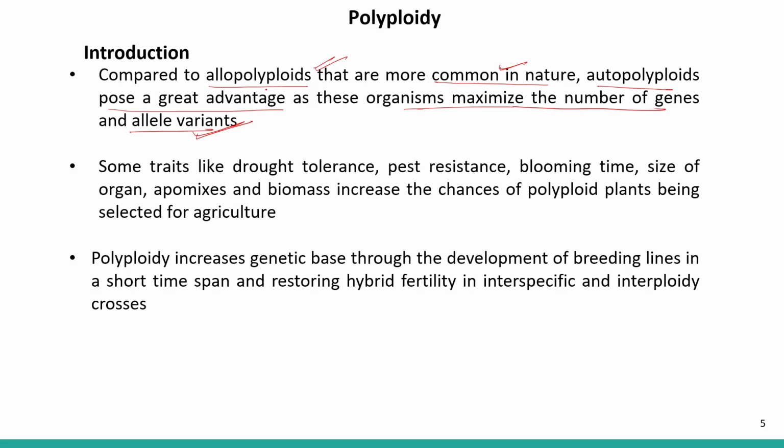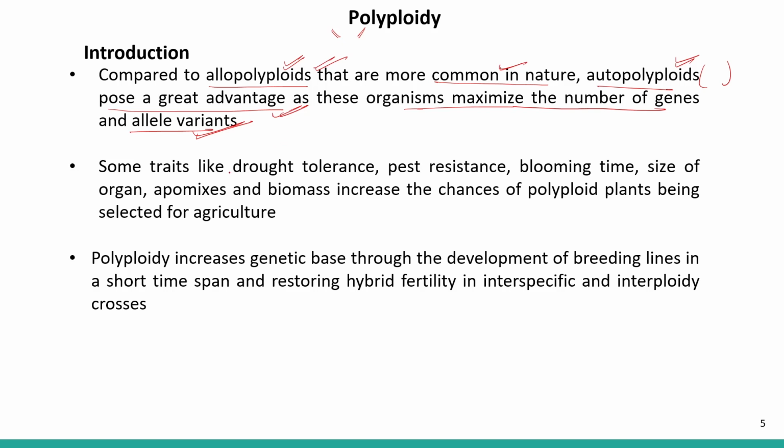But autopolyploids have the great advantage that these organisms can maximize the number of genes and allele variants in the same species. Here in allopolyploids, 2 different species are involved and the chromosome number gets doubled or 4 times.